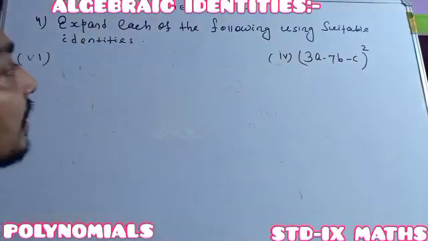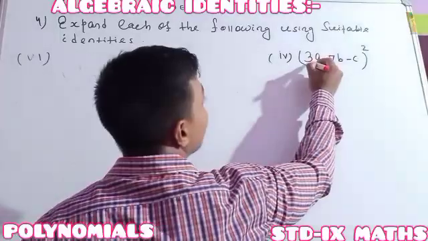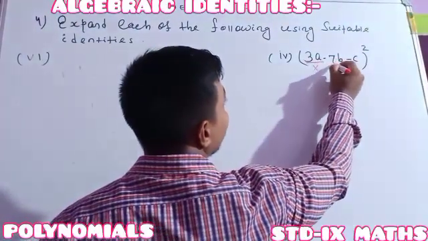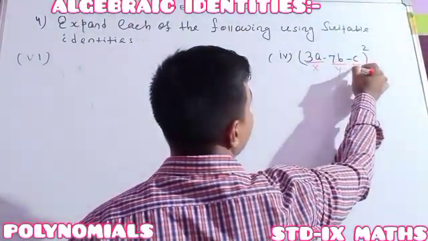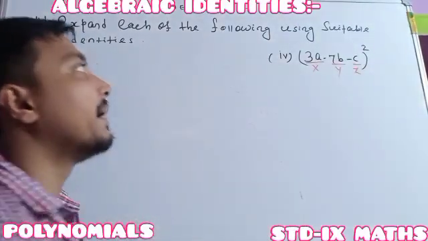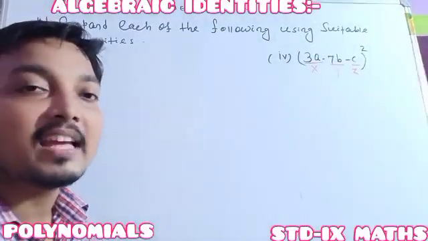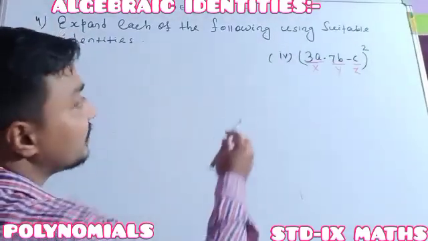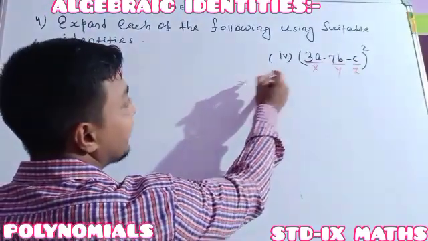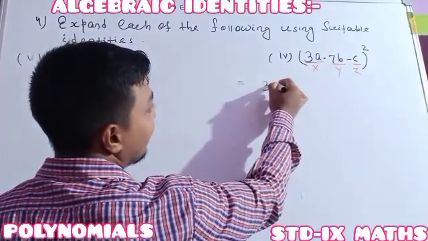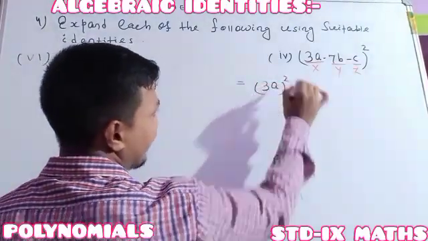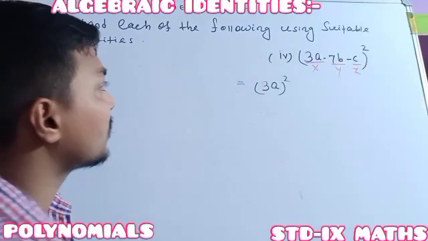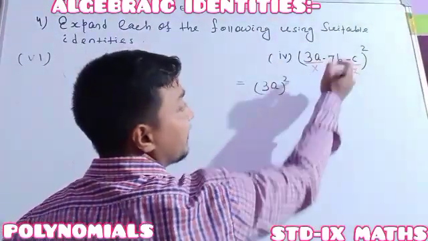See, in the last question it is given, this one it is our x, this one it is our y and this one it is our z. And you know very well the square of x plus y plus z will always be square of the first one. Square of the first one means here the first one it is x, it is 3a. So here it is 3a square. Next one it will be the square of the y, here it is minus 7b.